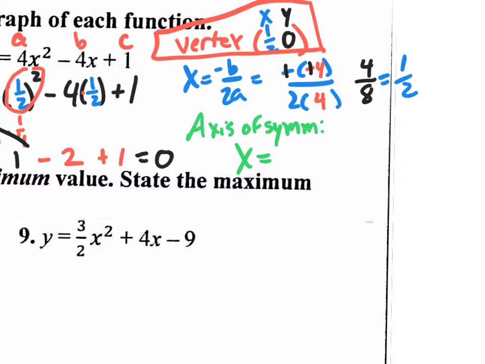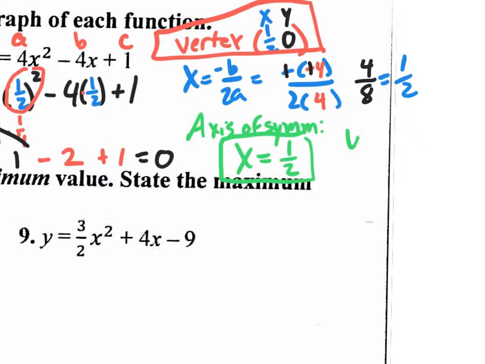So what's the equation of this axis of symmetry without even seeing it on a graph? X equals 1/2. Okay, you're going to have to do this on Friday's quiz. You're going to have to state the axis of symmetry equation. And if you don't put x equals 1/2, you're not going to get it right. You have to remember that the vertical line has to say x equals 1/2, which is simply the x value of your vertex.